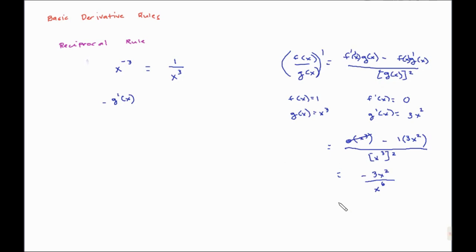And then after that, simplify lang natin. We have negative 3 over x cubed. Ay, but x cubed? X to the 4th. Sorry. X to the 4th. Ayan. Kasi 6 minus 2 tayo.